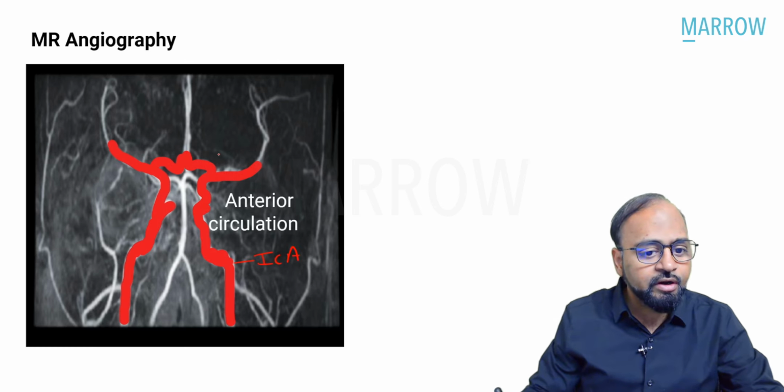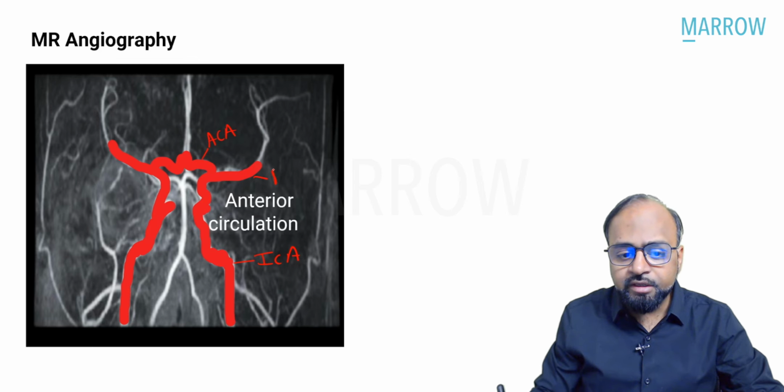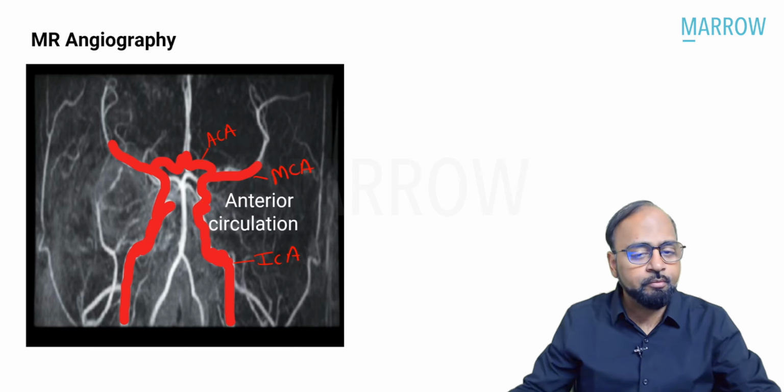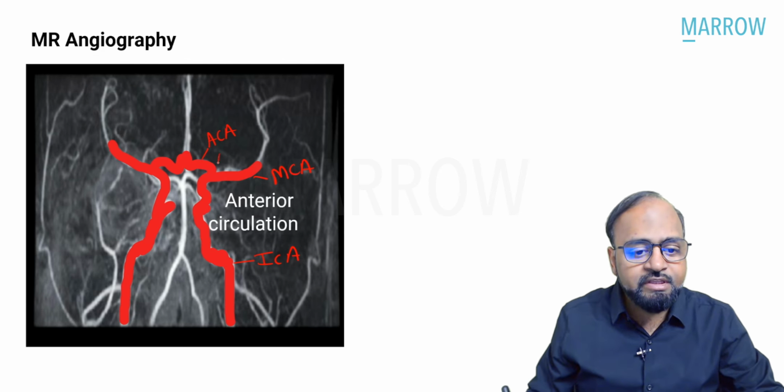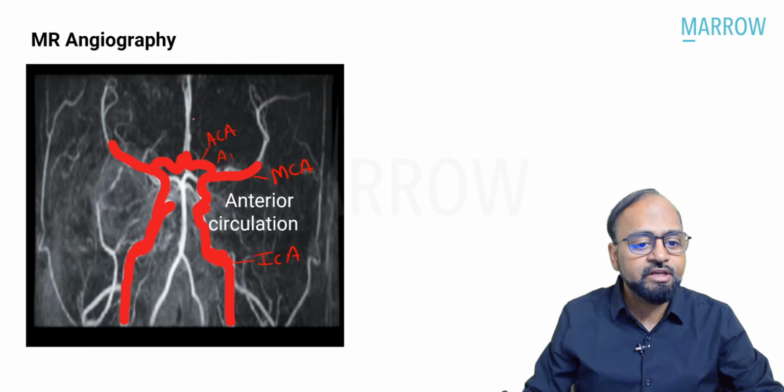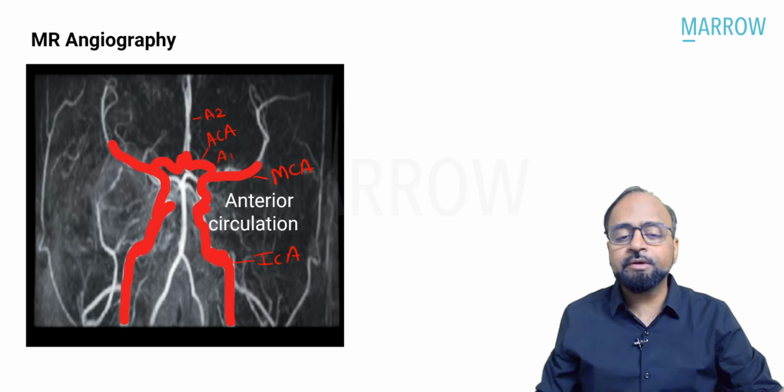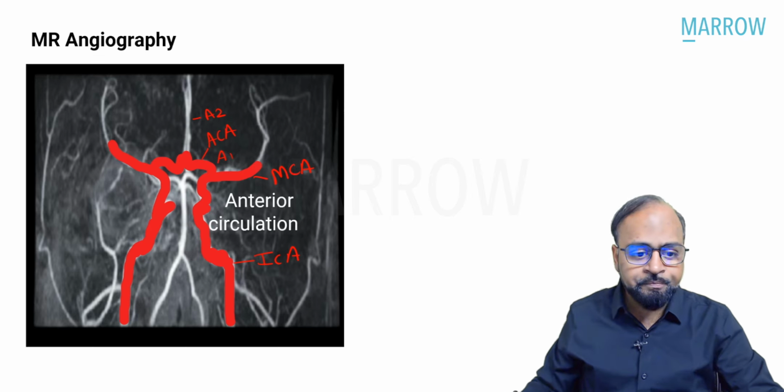It divides on each side into the anterior cerebral artery and the middle cerebral artery. They have the M1, M2, M3, M4 segments, and this is the A1 segment of the anterior cerebral artery, and this is the A2 segment, beyond the anterior communicating artery.